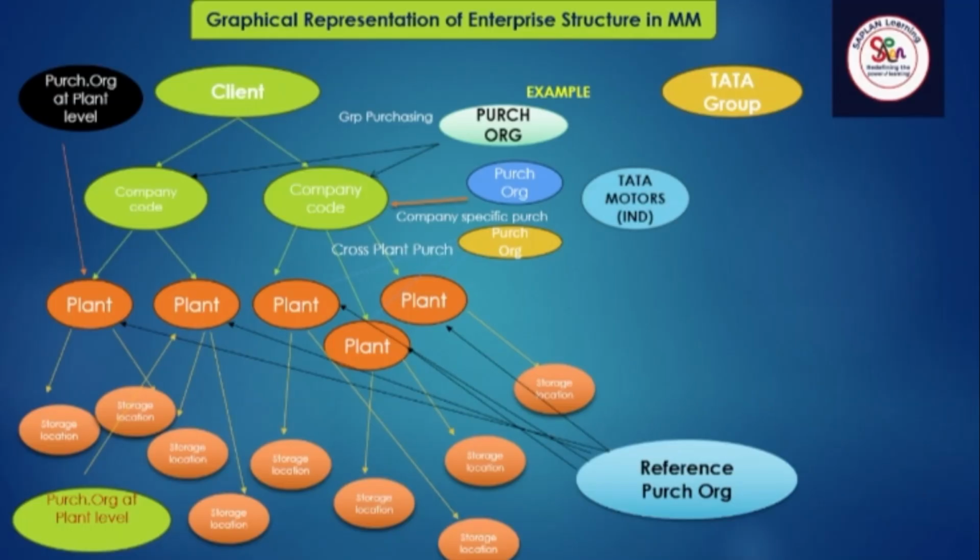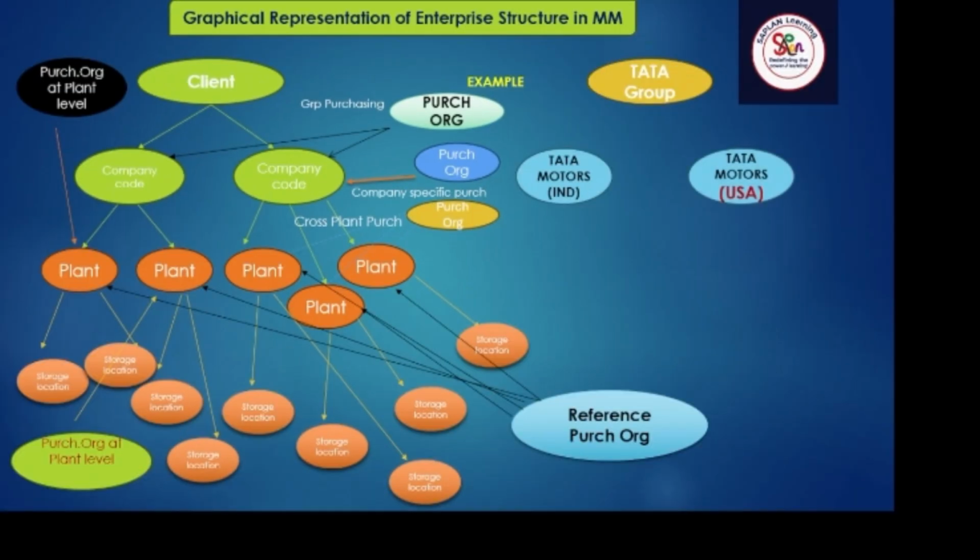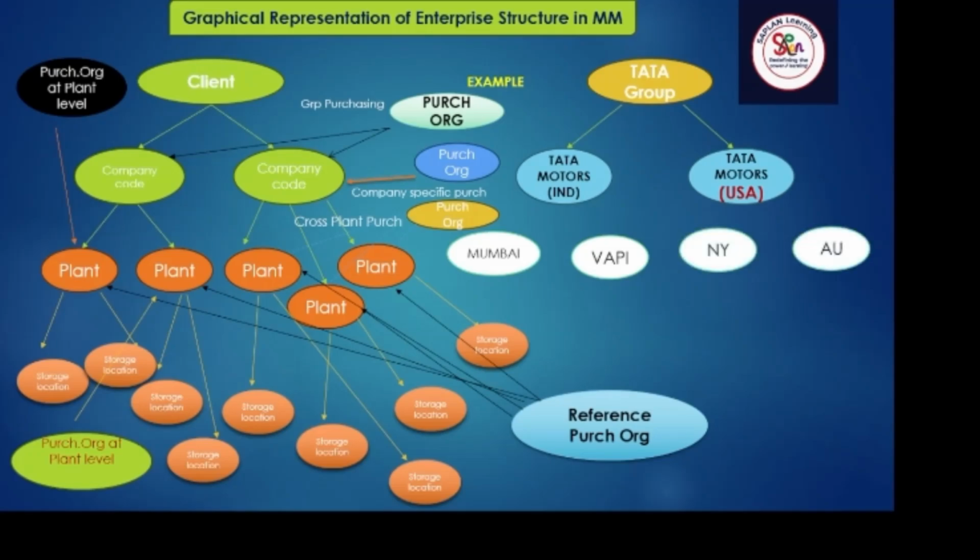Example, let's say Tata Group. Here Tata Group is considered as a client under which we can create multiple legal entities, that is Tata Motors India and Tata Motors US. Both will be represented in the system as company codes linked with the Tata Group. Under Tata Motors India or US, we may have multiple plants.